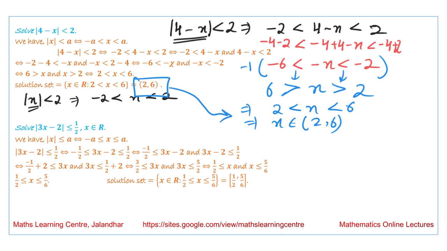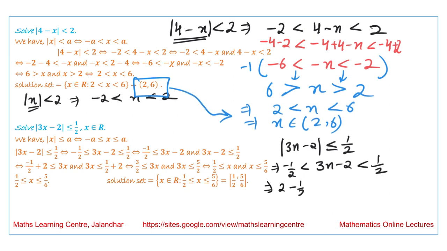Similarly, in this next case, we have mod of 3x minus 2 is less than equal to 1 by 2. So this implies minus 1 by 2 is less than 3x minus 2 is less than 1 by 2. This implies 2 minus 1 by 2, we are adding 2 to this equation, is less than equal to 3x is less than equal to 2 plus 1 by 2. This implies this value 2 minus 1 by 2 will be 3 by 2 is less than equal to 3x is less than equal to 5 by 2.